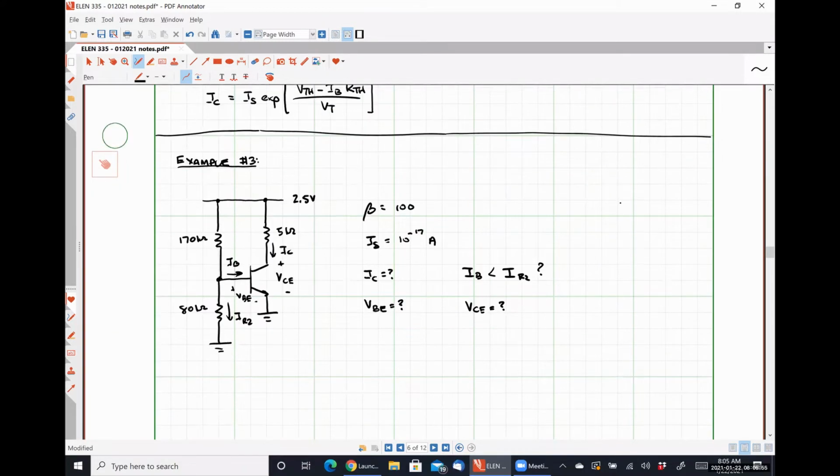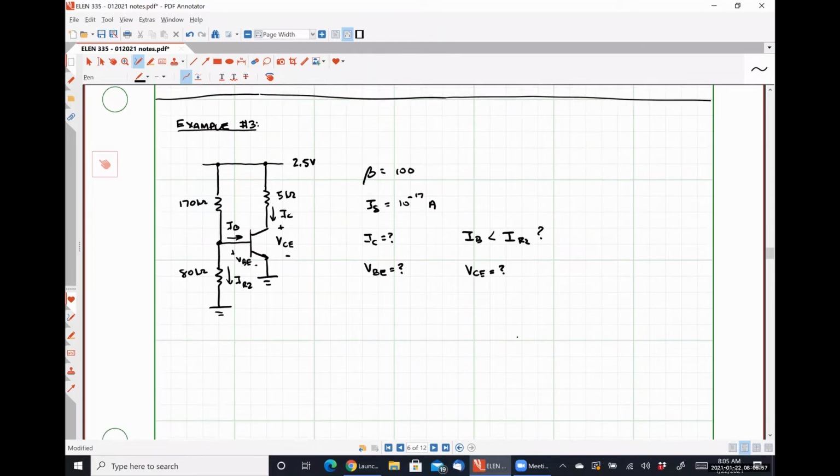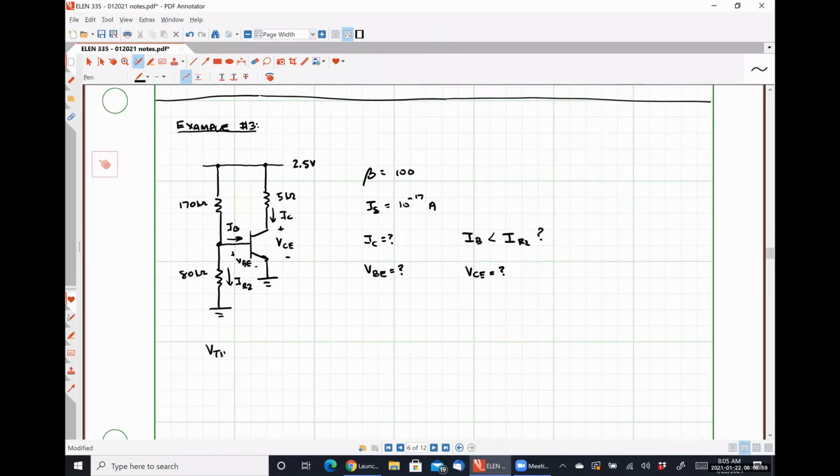So our Thevenin voltage, V Thevenin in this case, is simply going to be our power supply voltage, 2.5 volts, times 80 kilo ohms divided by 80 plus 170, which is 250 kiloohms. And this gives us exactly 0.8 volts.